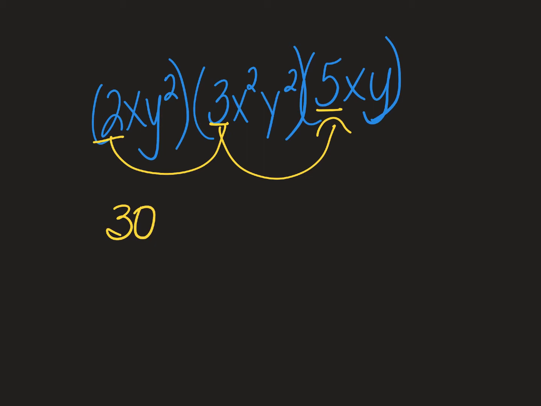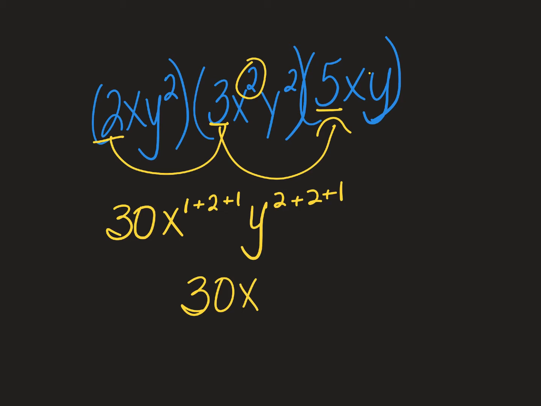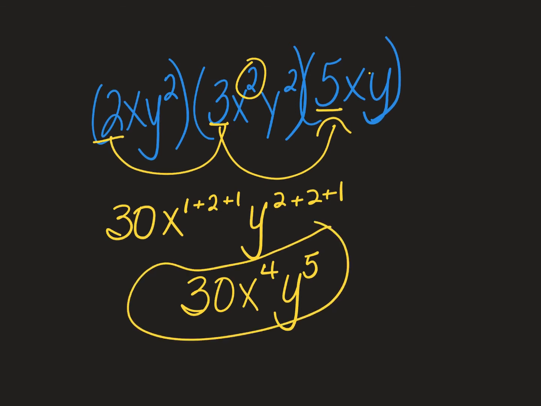Then I like to write it like this just so that you do not get confused. But x to the first power, so that'd be 1 plus 2. Where'd I get that 2? Right here. Plus 1. Then I'm going to put my y here. I've got 2 plus 2 plus 1. So my final answer is 30 x to the 4th, y to the 5th. That's your final answer. Okay? That makes sense? That's fun, isn't it? I would rather multiply than divide them, but that's okay.